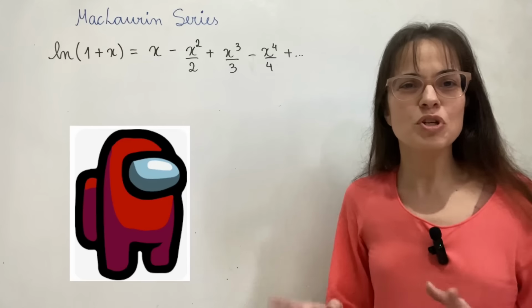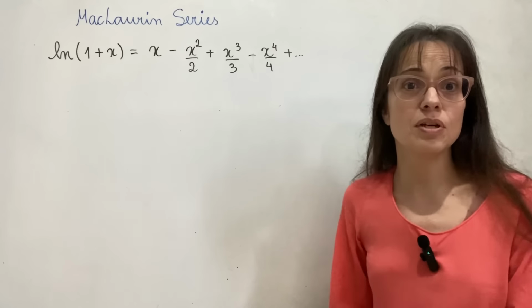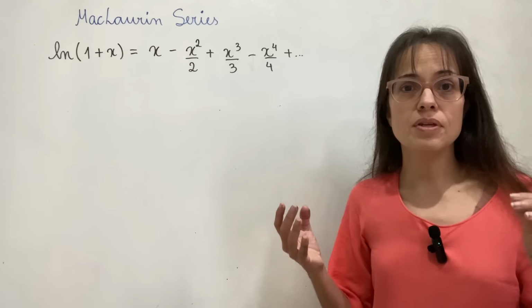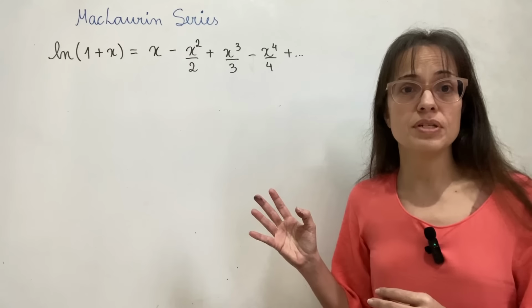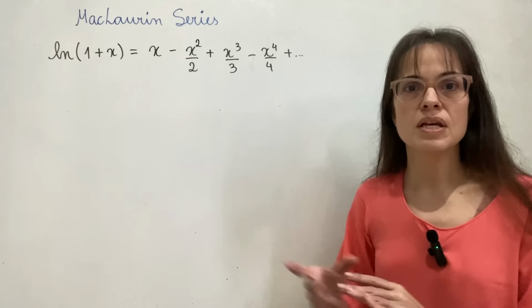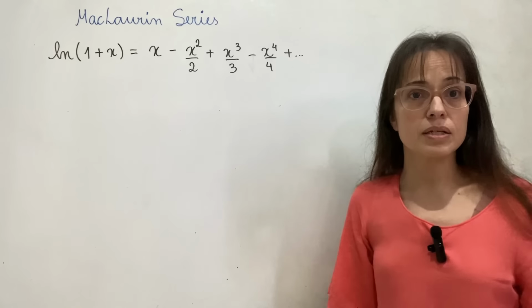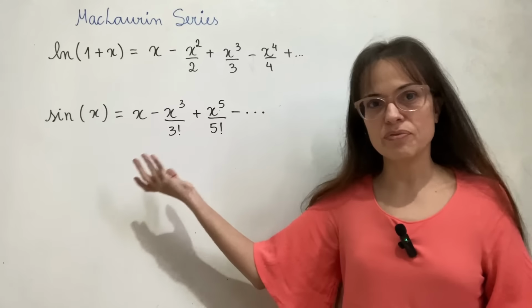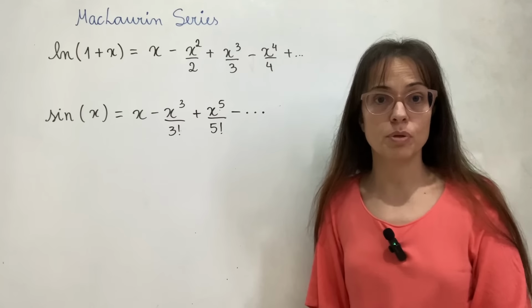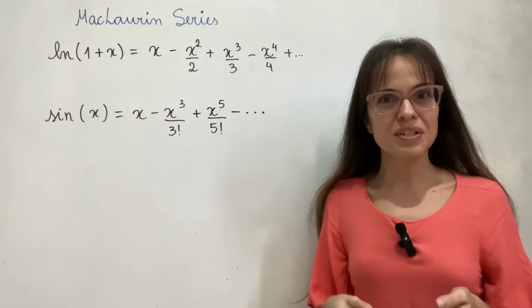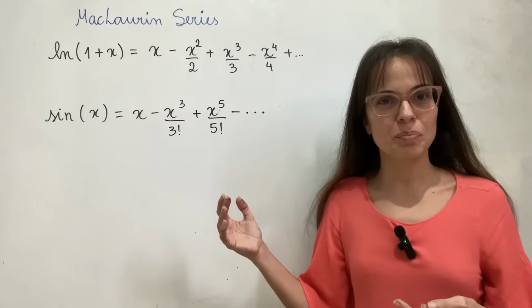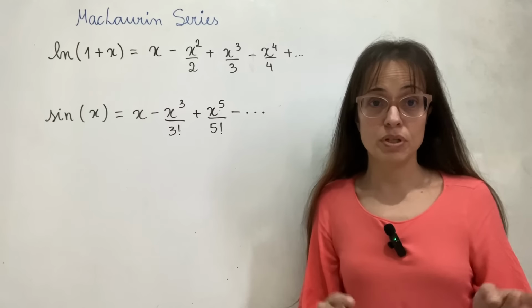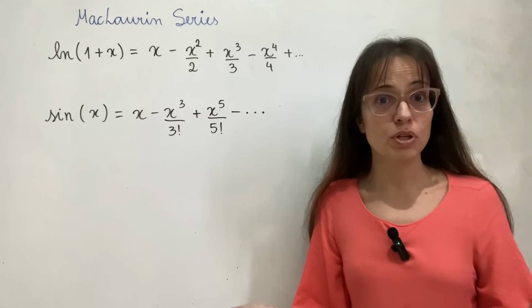It looks suspiciously similar to the things that we were just doing. But the other MacLaurin series that are also in the booklet don't have a 1 plus x. As an example, here is the MacLaurin series for sine of x, which is in the formula booklet. Could he have done a MacLaurin series for sine of 1 plus x? Yes, but it would look horrible and be probably useless.